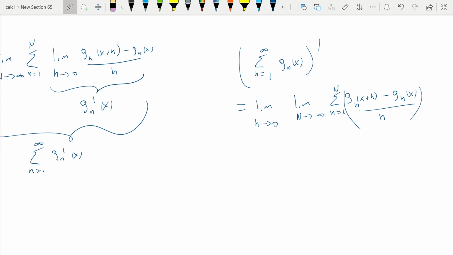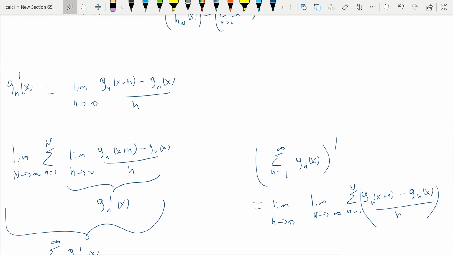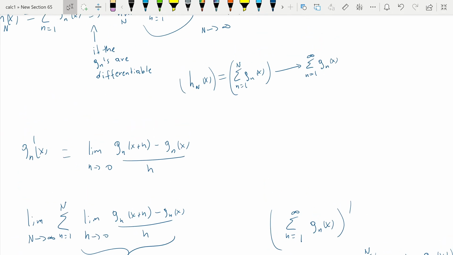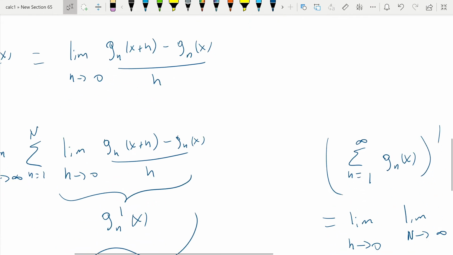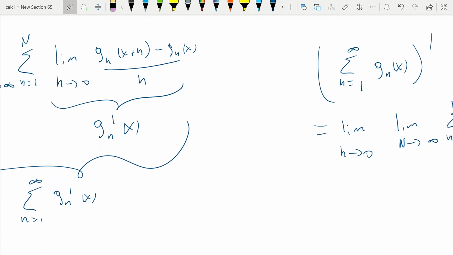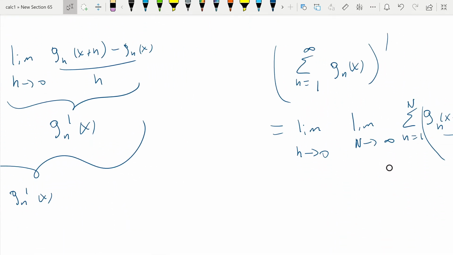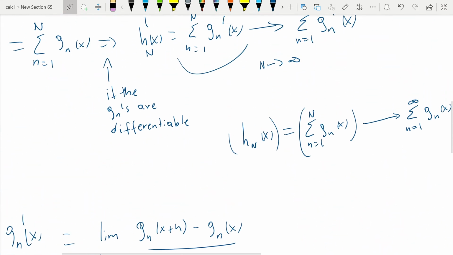And for most applications, and for most things that you'll see, there are several theorems that allow you to interchange limits, like in this particular case of series.